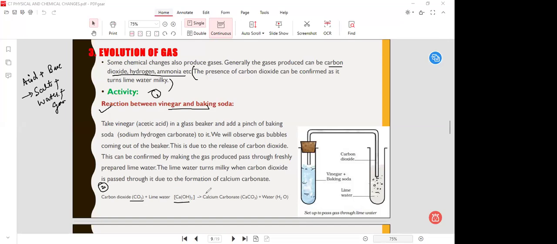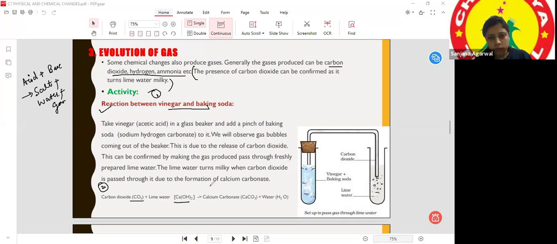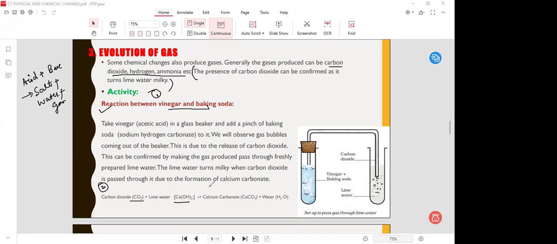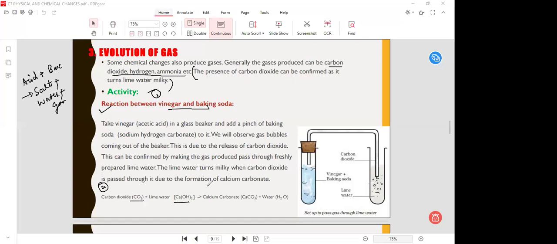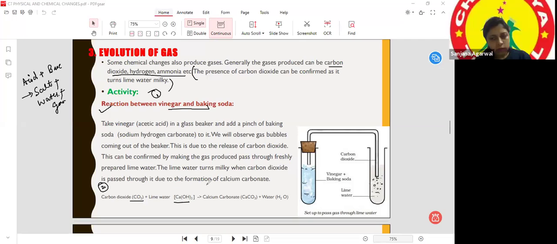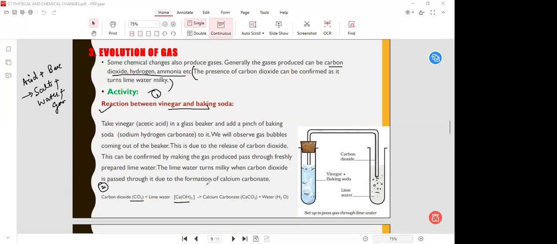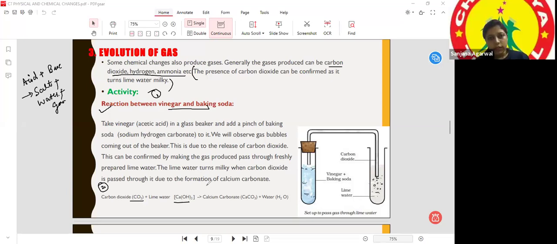Ma'am, when vinegar and baking soda are mixed, carbon dioxide is evolved, right? That is one of the examples of evolution of gas. Yeah, that's what we are discussing.